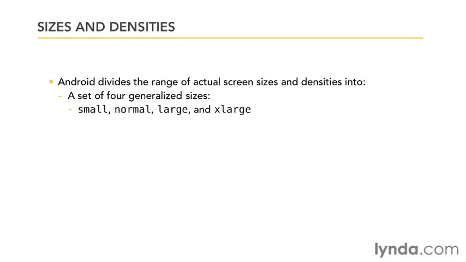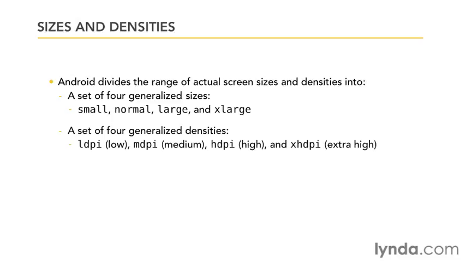Of course, extra large being what you find on most tablets. And in a similar fashion, there's a set of 4 generalized densities: LDPI for low DPI, MDPI for medium, high DPI, and XHDPI. And when you're developing your application, you're only dealing with these 4 generalized sizes and densities.